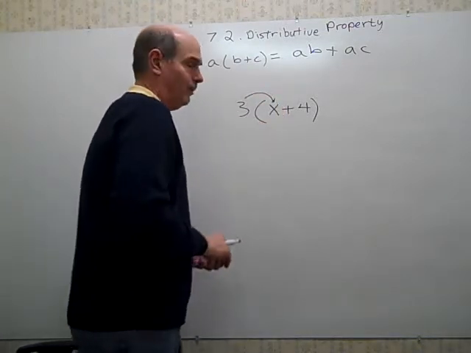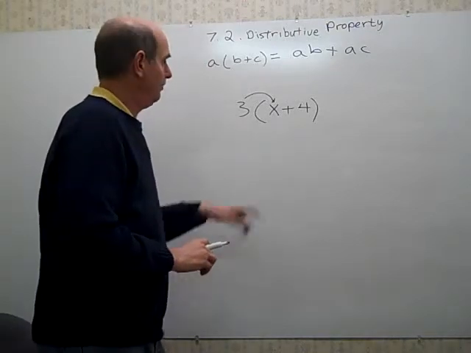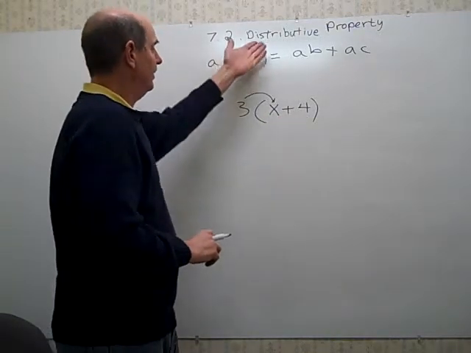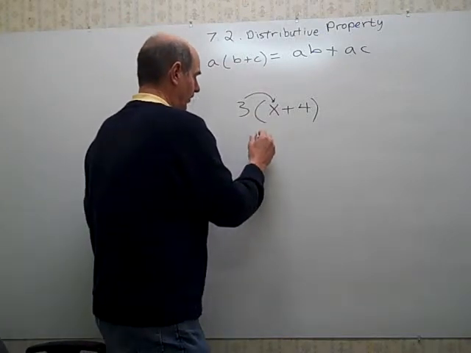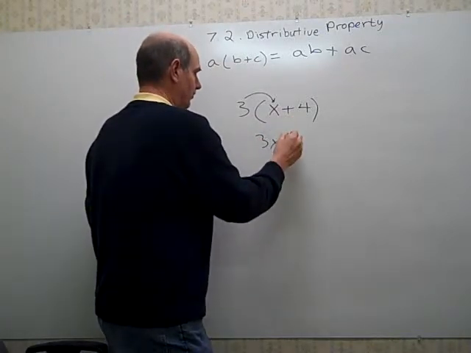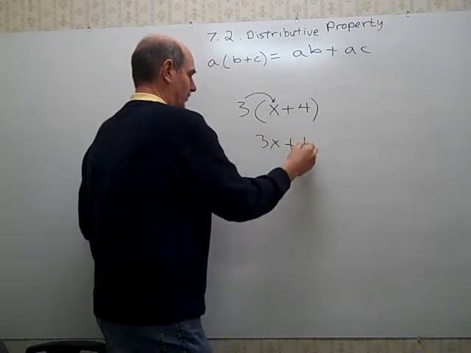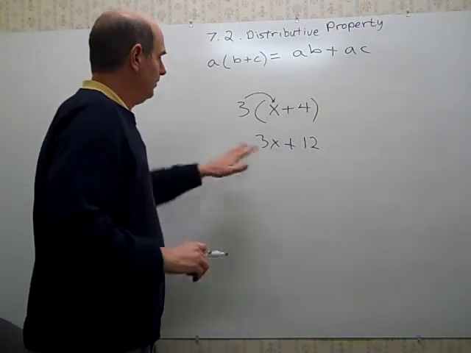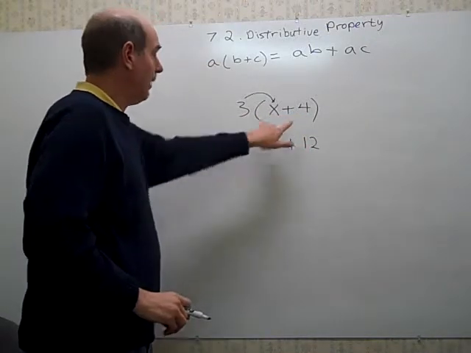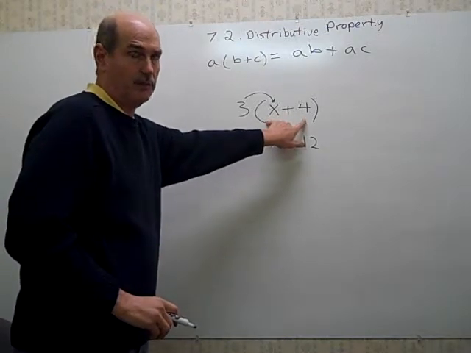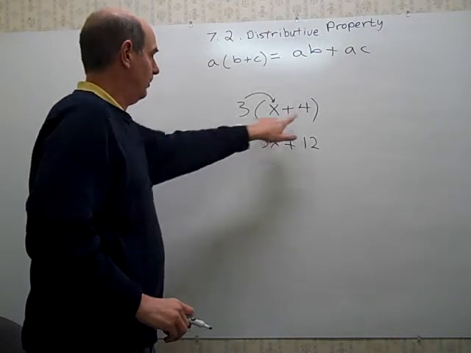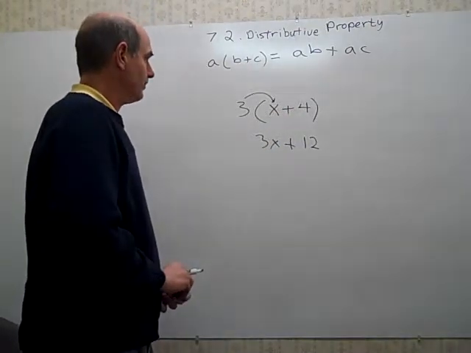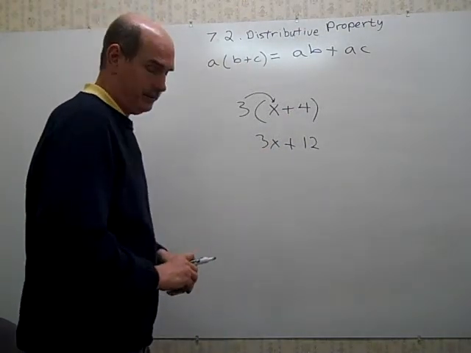You're going to distribute the 3 or hand it out to both the x and the 4, and that might be where we get the name distributive property. So 3 times x we write as 3x plus 3 times 4 is 12. So that 3 times the quantity x plus 4, something that's in parentheses, we group it together as a quantity. So it's 3 times the quantity x plus 4, which is the same as 3x plus 12.